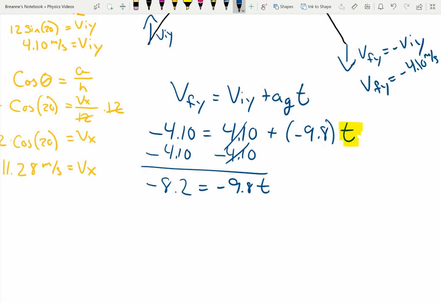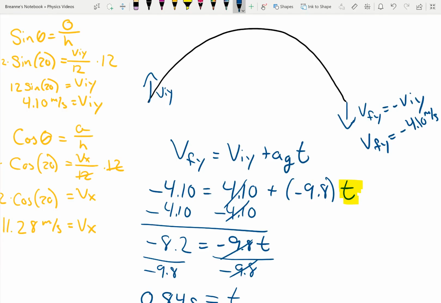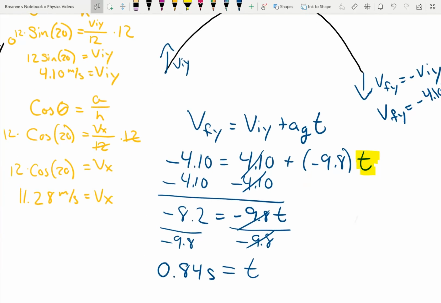And t by itself is being multiplied. The opposite of multiply is divide. What we do to one side, we got to do the other. Those end up canceling out. So our t just ends up equaling negative 8.2 divided by negative 9.8. You just plug that into your handy dandy calculator, and you get that it took 0.84, if you round, seconds for it to do the projectile all the way. So now we have time.